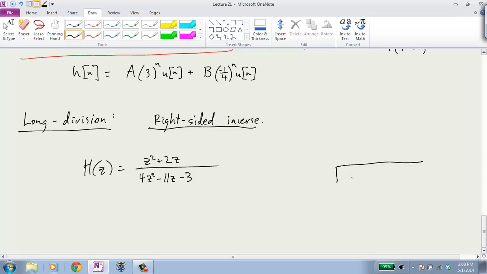You would divide this thing, z squared plus 2z, by this. First of all, let me worry about the z squared term. What should I multiply by the denominator in order to get that z squared term? I should multiply it by 1/4. If I multiply by 1/4, then what I actually get down here is z squared minus 11/4 z minus 3/4. That's what I got from the 1/4 term. And now I can subtract this out to get my remainder.